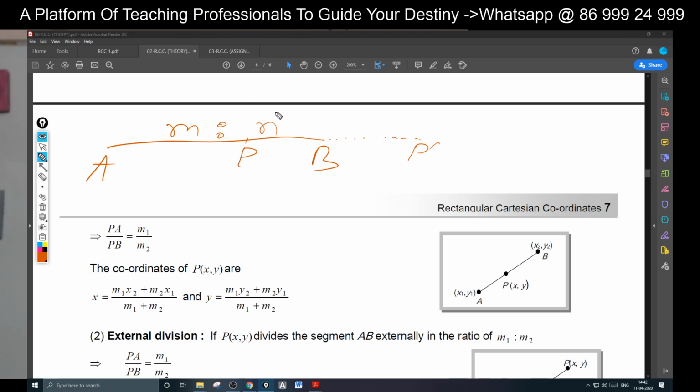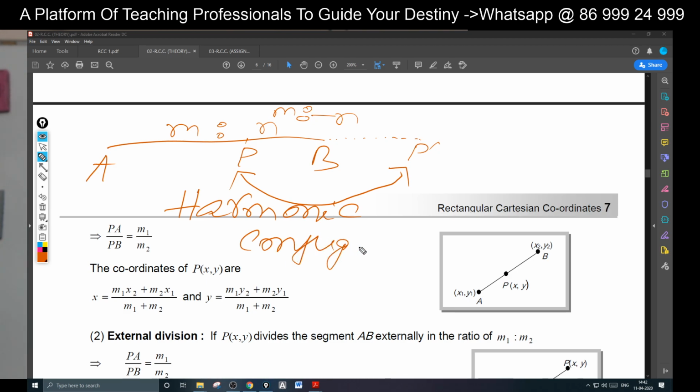That is, you can take it as m is to minus n or minus m is to n, whatever, because minus m by n or m by minus n both are same. Then these 2 points are said to be harmonic conjugate points.